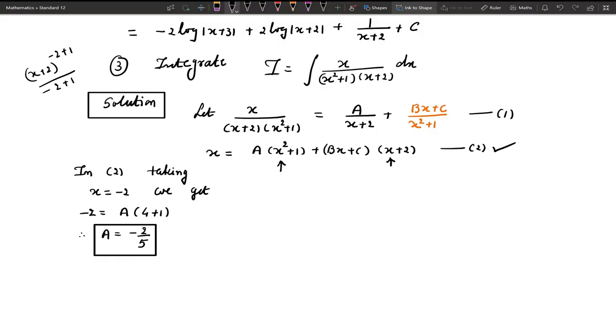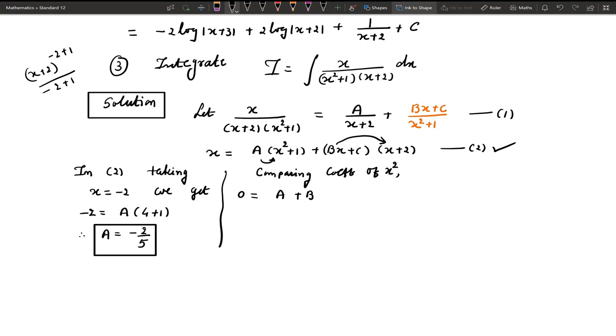Now to get the values of the remaining constants, compare the coefficient of x square on both sides. On the left hand side there is no term containing x square, so the coefficient of x square is 0. On the right hand side, a into x square, so a, plus bx into x, bx square, so the coefficient of x square is b. So a plus b equal to 0.